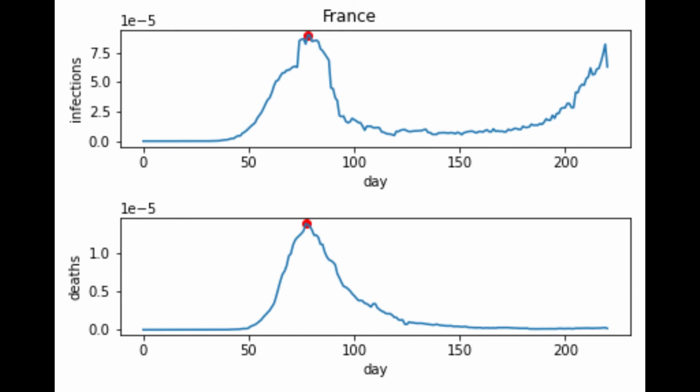The pattern one can observe in many Western European countries is that there was a local maximum in infections and deaths, and that there is a rise again in infections. But there is no significant rise in the amount of dying people observable.